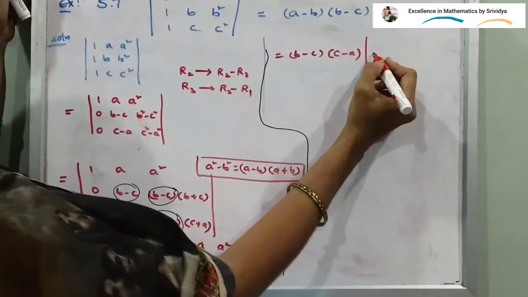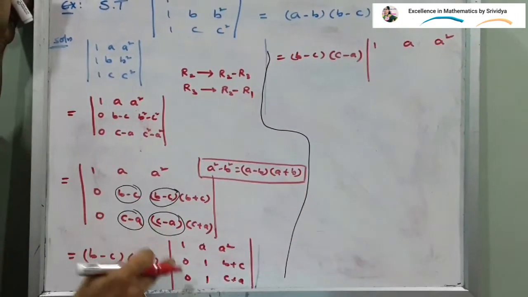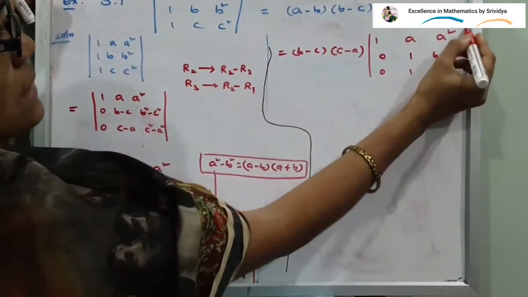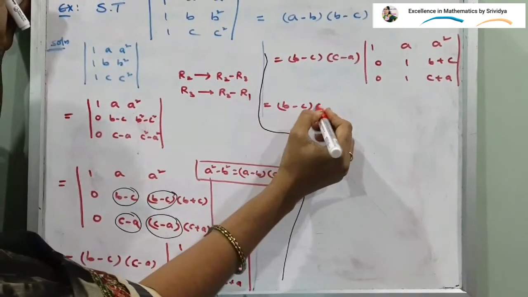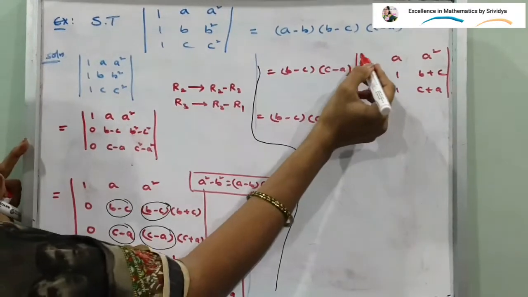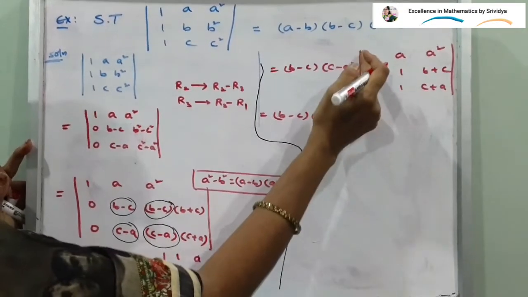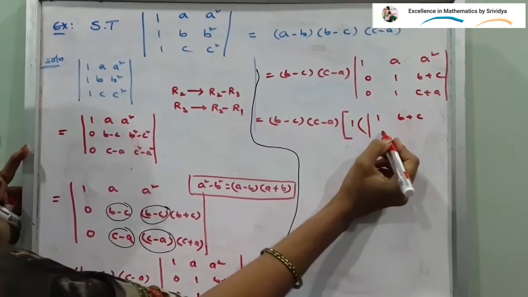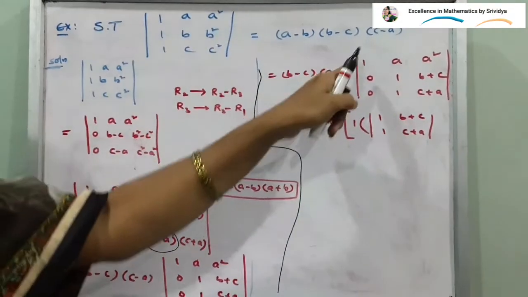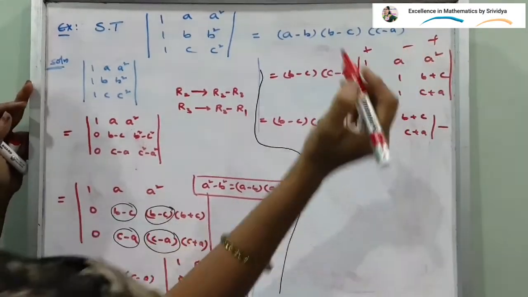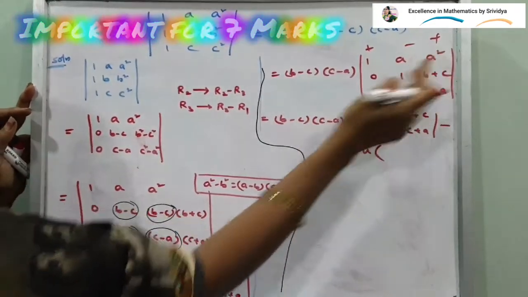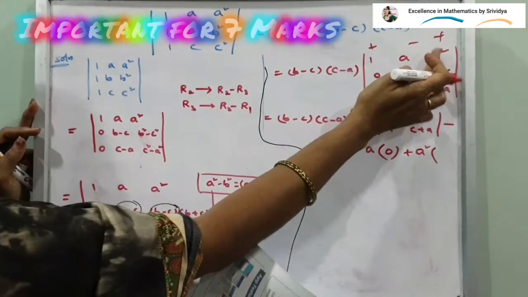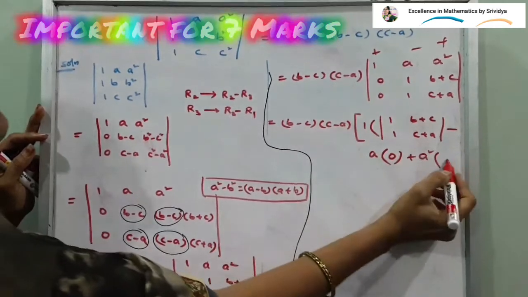Expanding along the first row with signs plus, minus, plus: 1 into the cofactor of 1, which is the determinant [1, b + c; 1, c + a], minus a times its cofactor, which is 0, plus a² times its cofactor, which is 0. Those terms become 0.